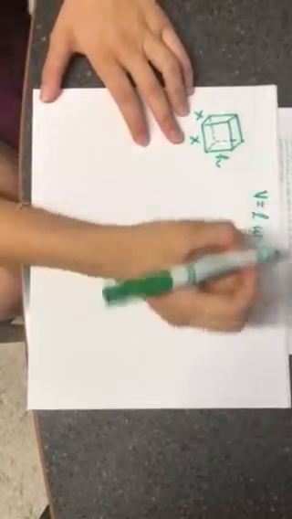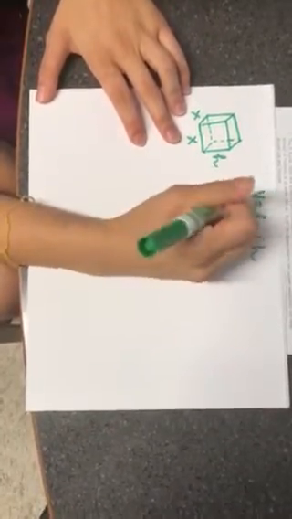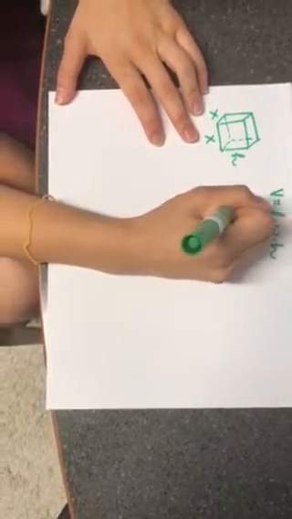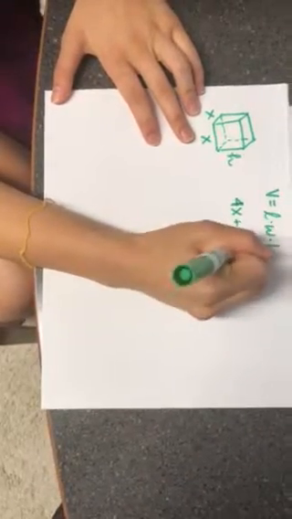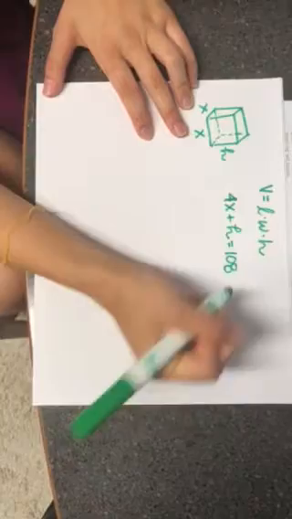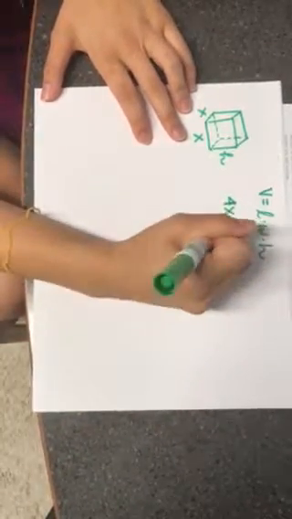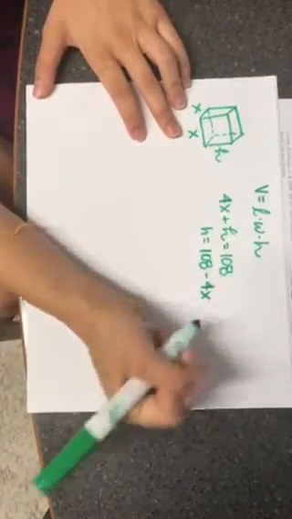And so we know that the perimeter around the bottom, 4x, plus the height, plus h, is 108. And so we can find h in terms of x, so h equals 108 minus 4x.